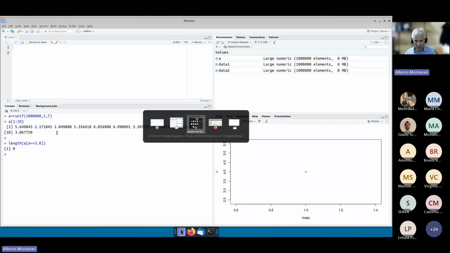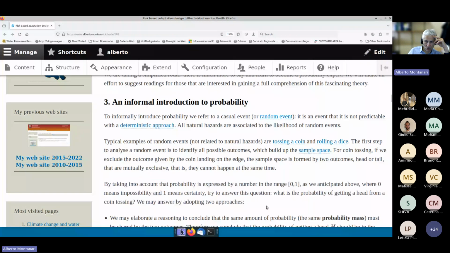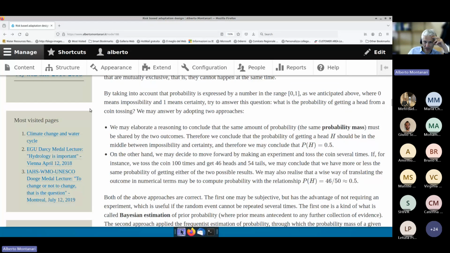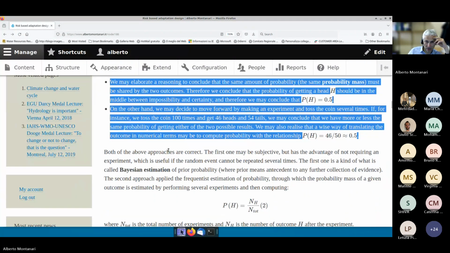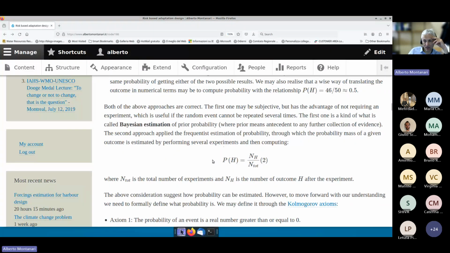Okay, let's go back to our web page. And what is written here is what I already discussed. When I make a selection, the formulas are not selected, so be patient. Now, we can write equation 2, which is the translation in mathematical terms of the computations that we did.